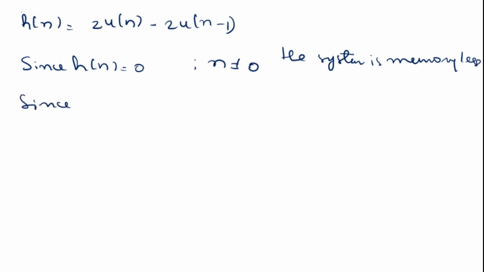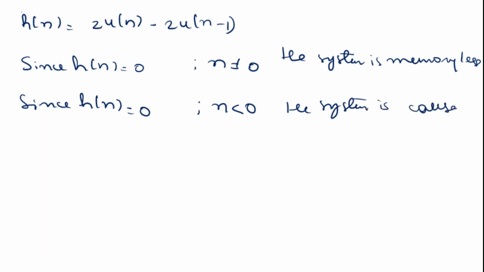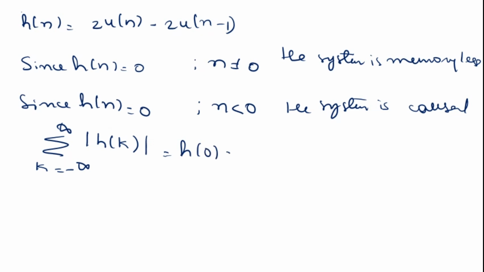Since h of n is equal to 0 for n less than 0, the system is causal. Then summation k from minus infinity to infinity of mod of h of k is equal to h of 0, which is equal to 2, less than infinity, then the system is stable.